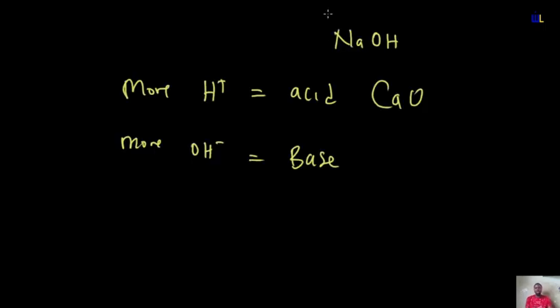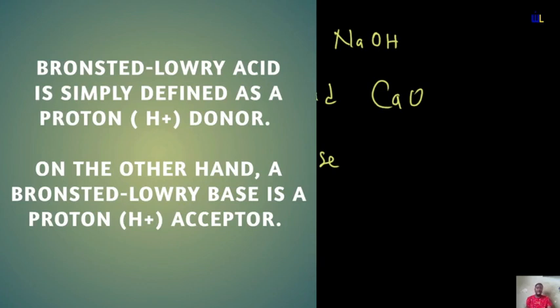Bronsted and Lowry, on the other hand, discovered that there are some substances that do not necessarily ionize to produce hydrogen ion. However, they exhibit acidic properties. Hence, they both put their heads together to give a different definition of an acid and a base.